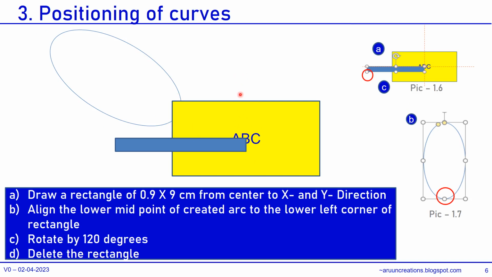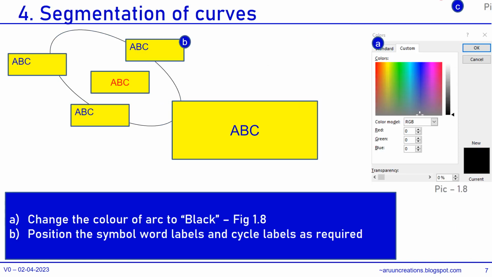I find a rectangle of 0.9 by 9 mm size placed in the lower left quadrant, and then taking this entire newly created closed curve at this point and joining it at this point and rotating it at 120, you will find something like this. I find it appropriate for the exercise, so I use this way. You can refer to pictures 1.6 and 1.7 for the details.